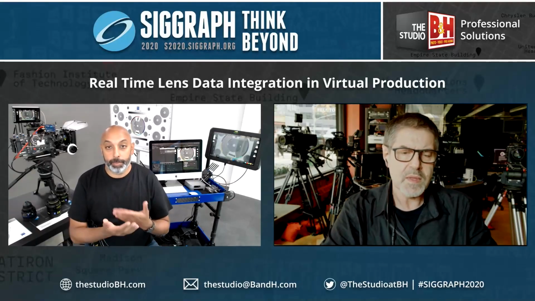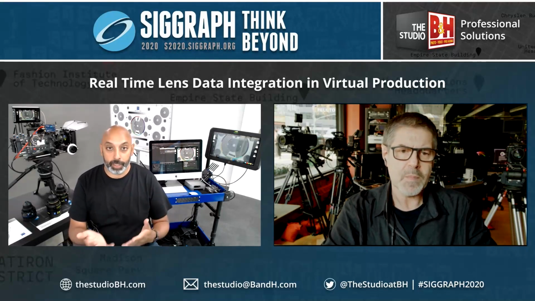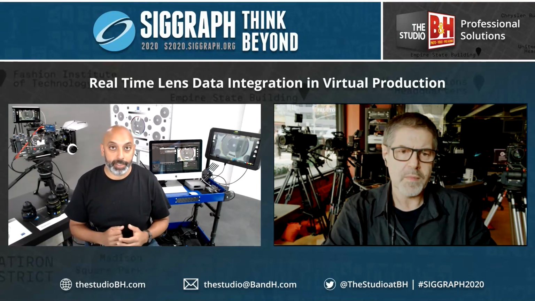Well, one of the most important things that we talked about, even before we started recording with Andy and Nic, is the idea that the lens focus and iris data move in real time, and the depth of field calculation, because each digital camera system nowadays has a slightly different way of calculating depth of field based on pixel pitch and entrance pupil position in the lens and stuff like that.